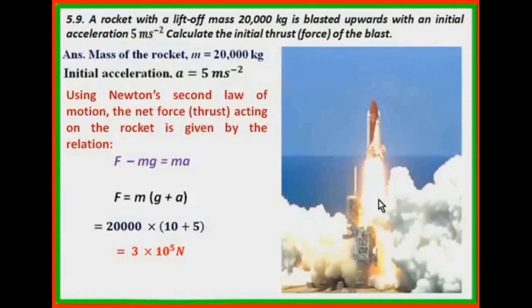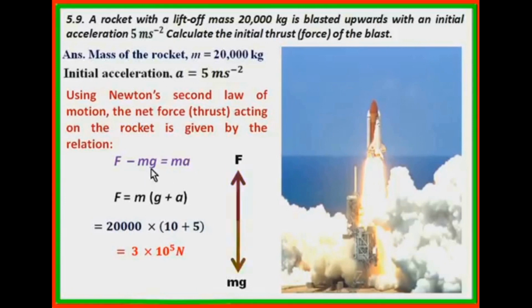So when we are trying to find out the net force with which the rocket moves forward, which we wanted to find in the question as thrust, that is F, but that is going to be the net force due to the weight of the rocket as well. So the net force F is going to be balanced by the weight of the rocket as well, so that the acceleration of the rocket is going to be given by the accelerating force.